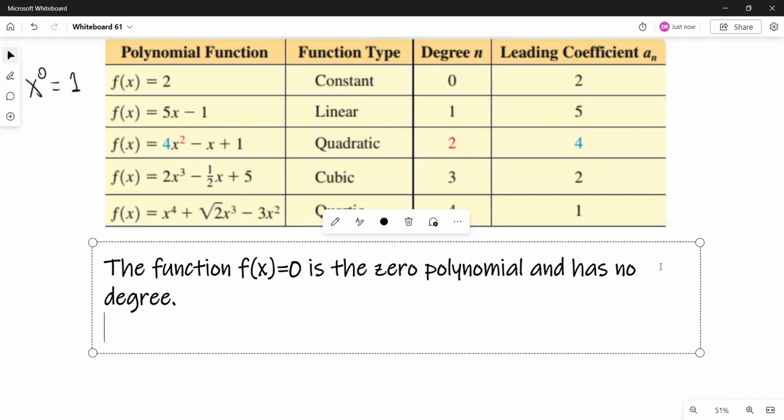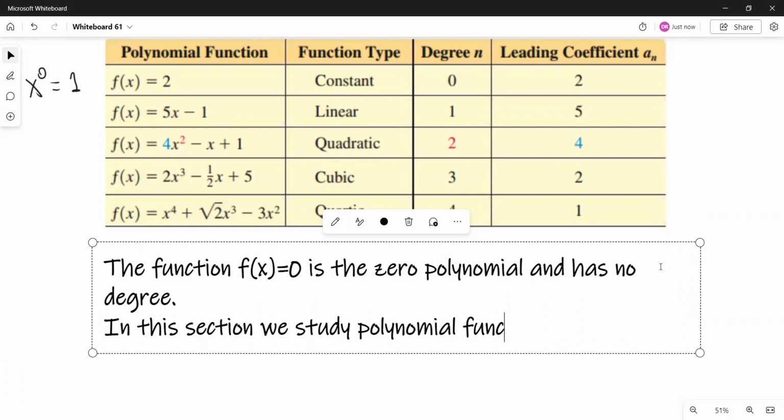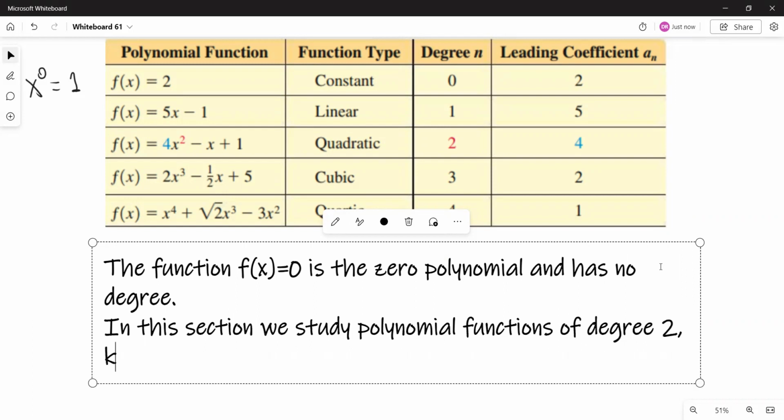So in this section, we study polynomial functions of degree 2, which are known as quadratic functions.